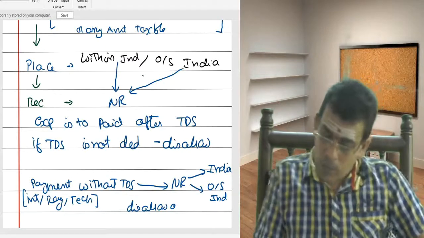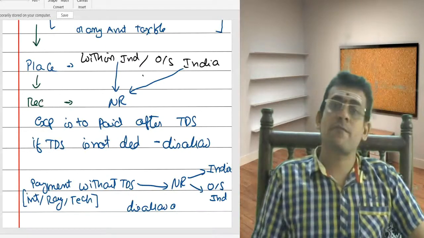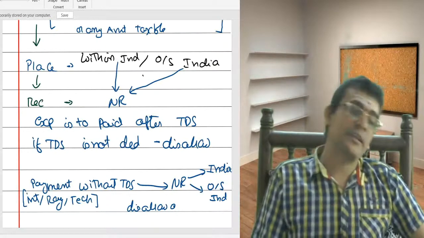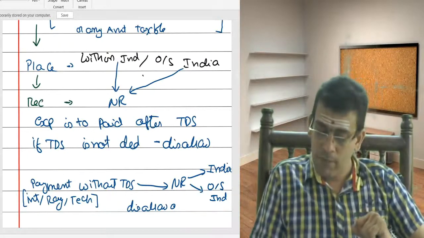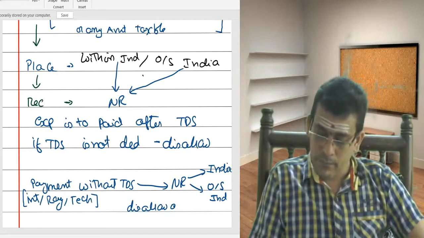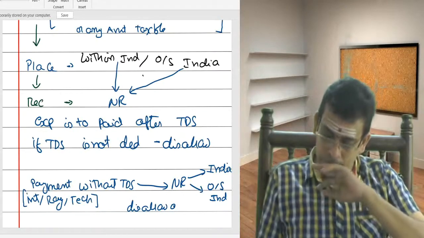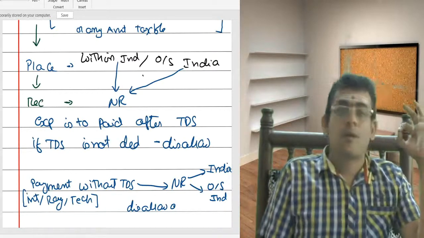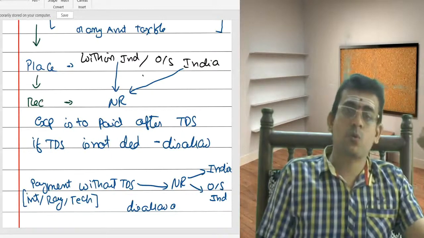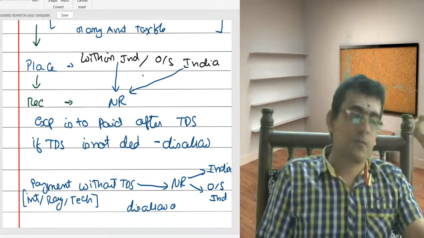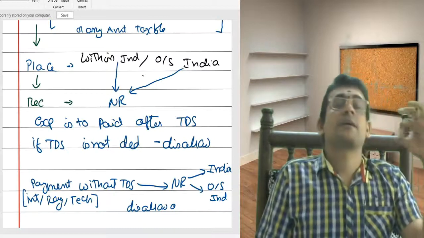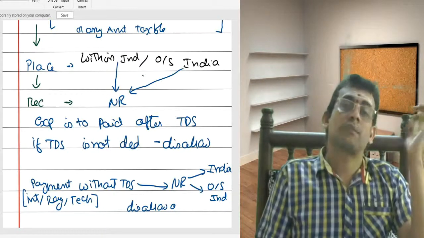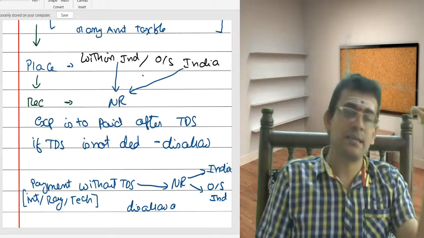Clear? Now, in continuation with 40A, we need to understand a few more things. In this case, whoever is supposed to deduct the TDS, if he fails to deduct, that person is called an assessee in default.